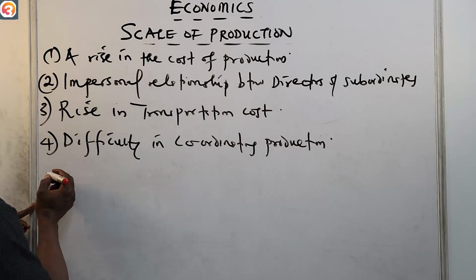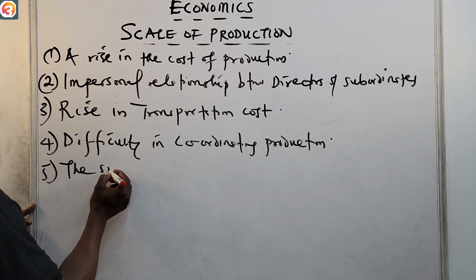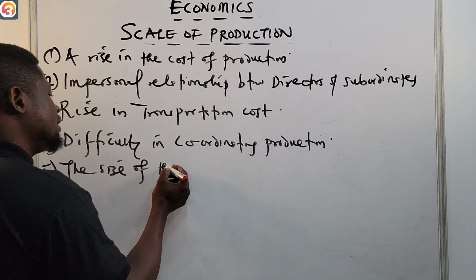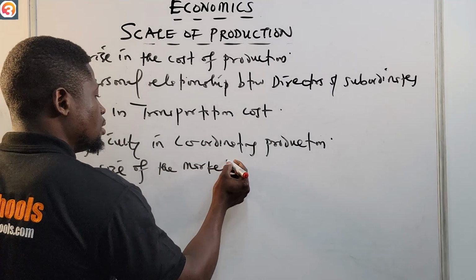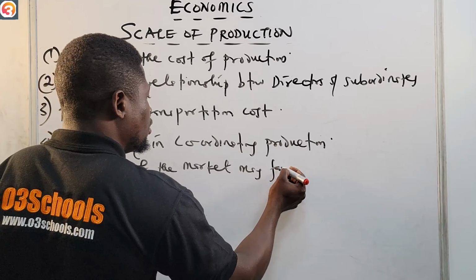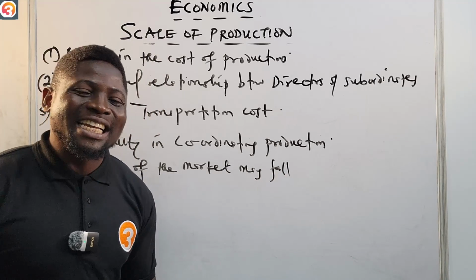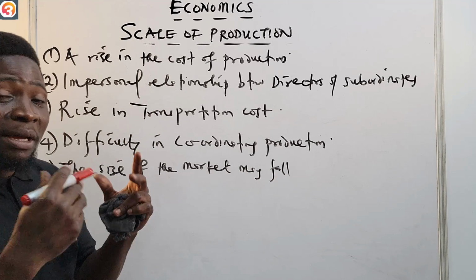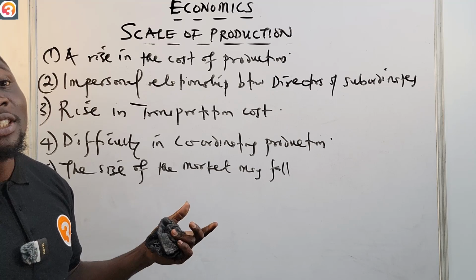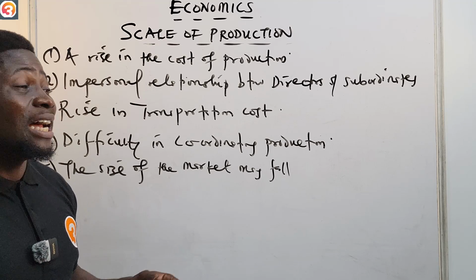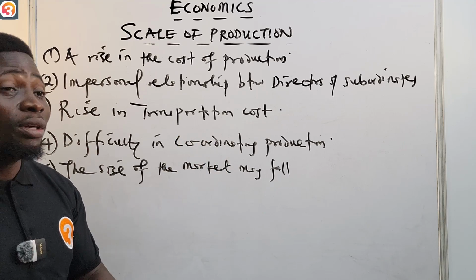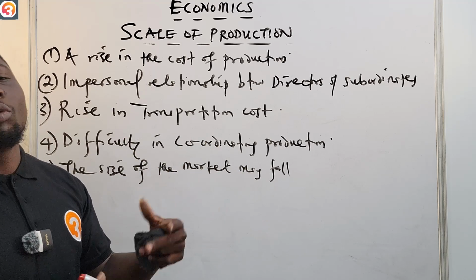Then lastly, number five, the size of the market may fall. The size of the market may fall, because possibly demand for defense product now reduces or falls. You see that all the output, all the things you have produced will now go to waste.